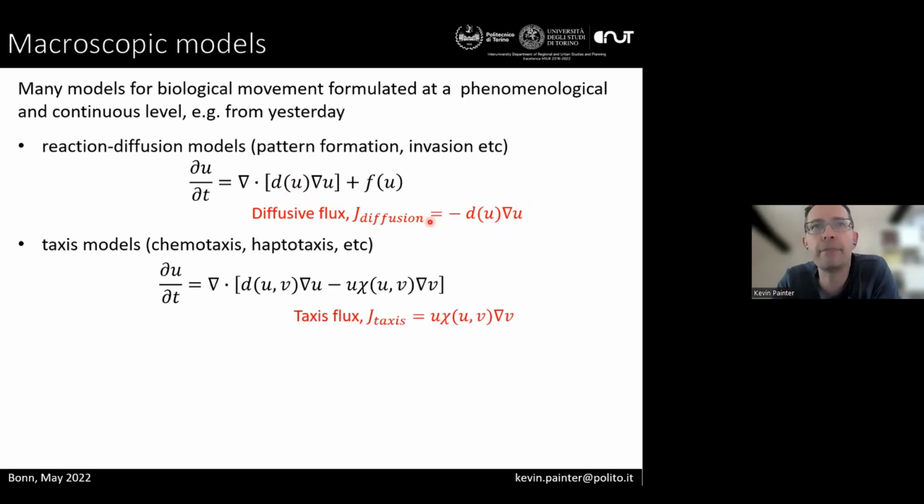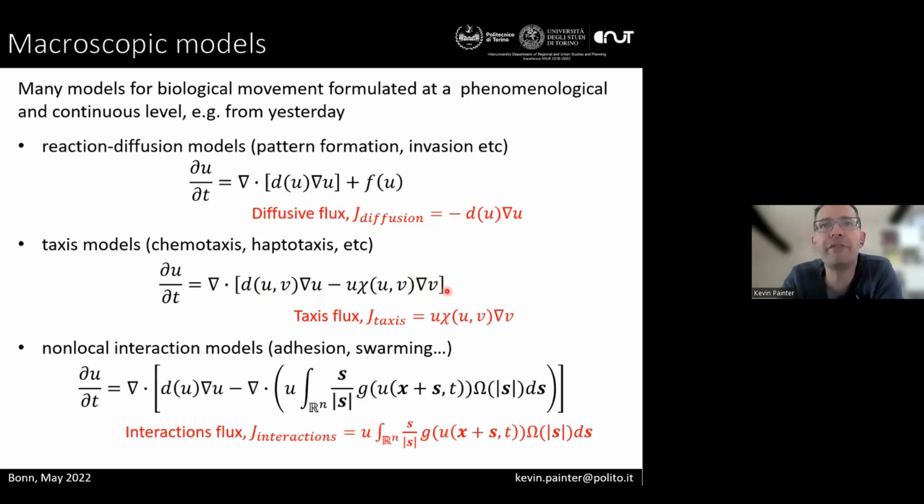I described chemotaxis, or generally taxis type models, for describing the movement of a cell or an organism according to some chemoattractant. In those models, you assume a taxis type flux where the population moves up the gradient of some attractant, call it V here.